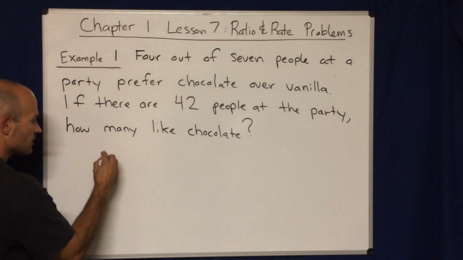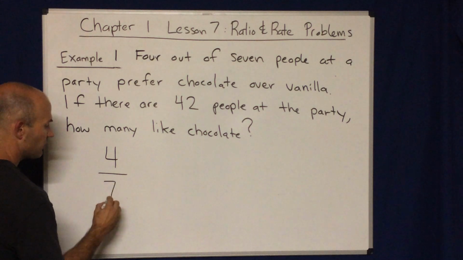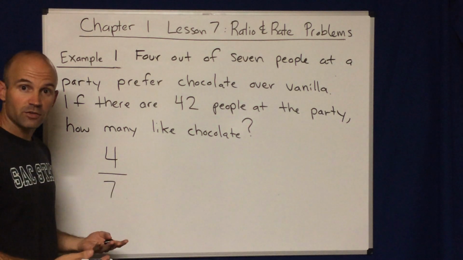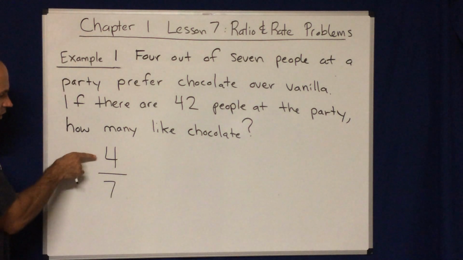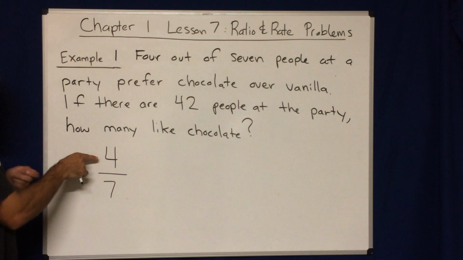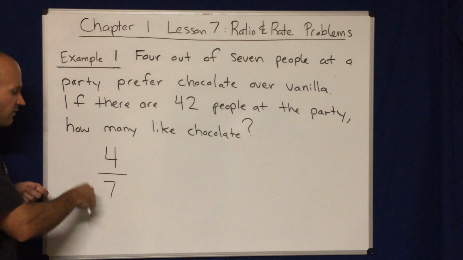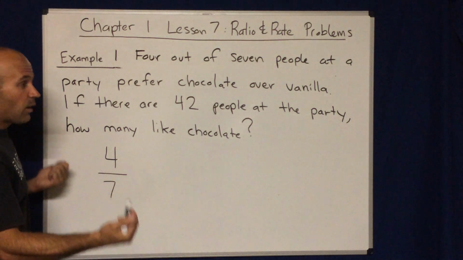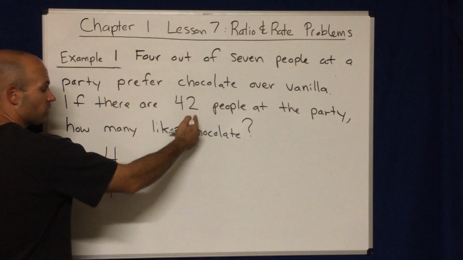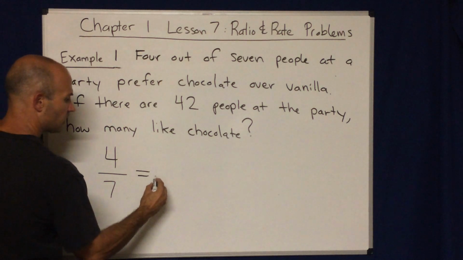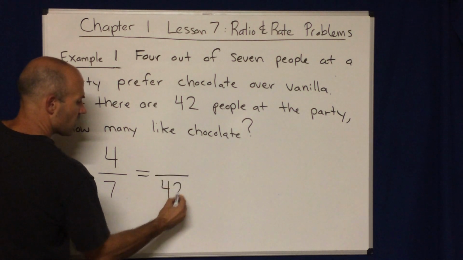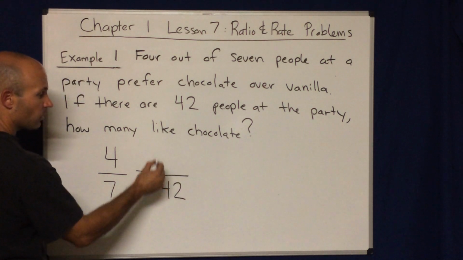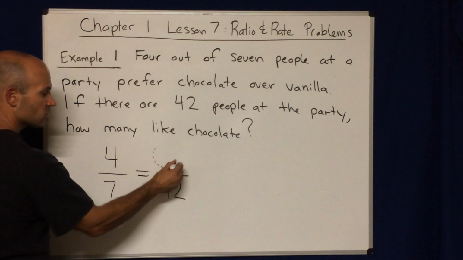So 4 out of 7 people will prefer the chocolate ice cream over vanilla. So 4 is counting the number of preferences towards chocolate, and 7 is your population size. Now we know at our party we have 42 people, so we'd like to know, out of those 42 people, how many prefer chocolate ice cream.